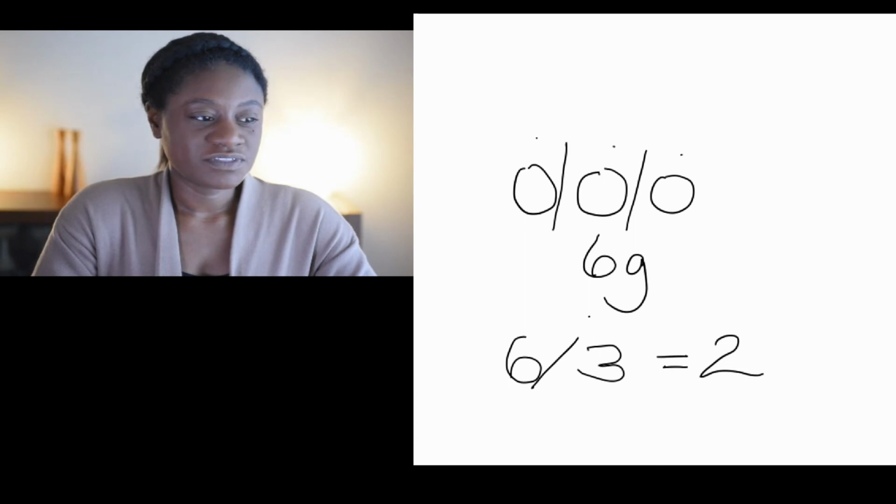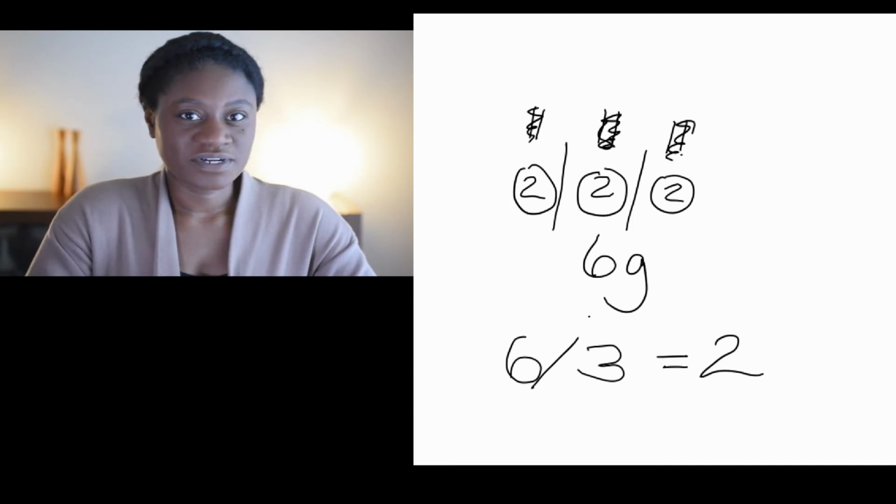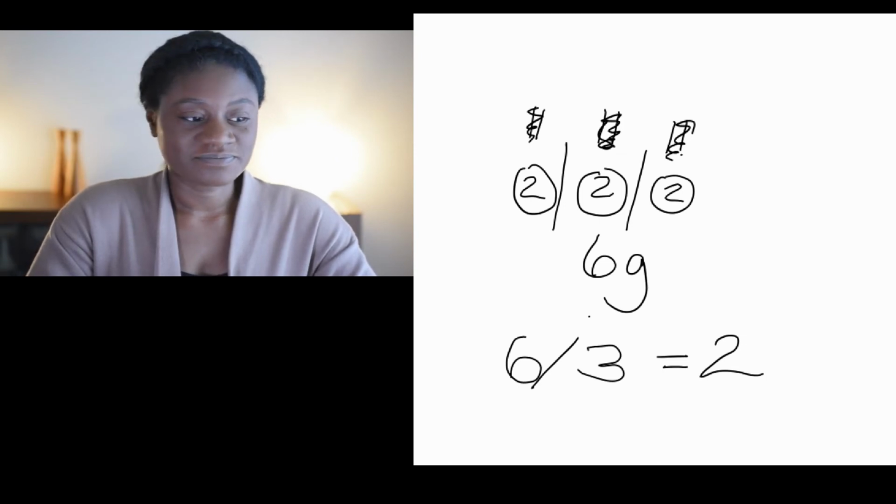So if we gave each one of these 1, 2, 3, 4, 5, 6. So you can see here we have 2 sticks here. We have 2 here. And we have 2 here. 2, 4, 6. So each one of these items weighs 2 grams.